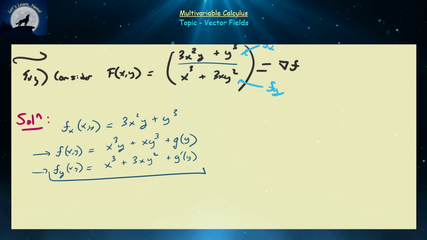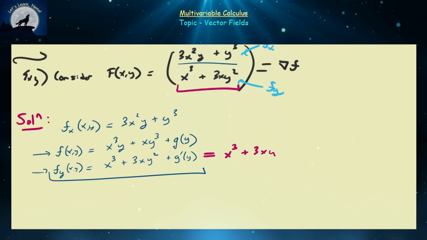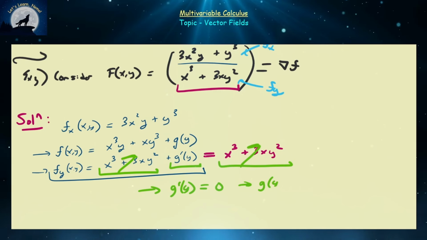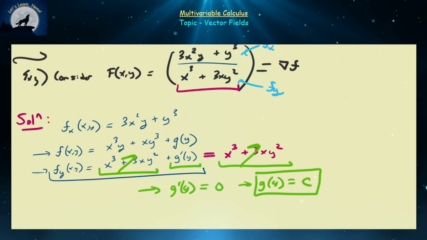Again, if this is a vector field that has potential functions, then this needs to be equal to this particular expression, in particular x cubed plus 3xy squared. Now, can we find some function g that is a function of y only? Hopefully, as long as what we have here with x cancels completely. And notice that they are mirror images, so g prime of y will be equal to 0, forcing g of y to be equal to just a constant, which is technically speaking a function of y only, or moreover, it doesn't have x in it.